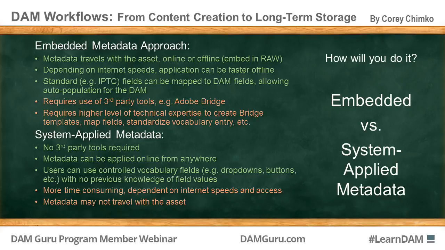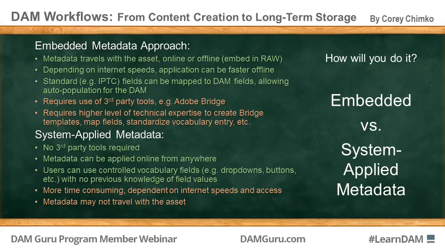There are some DAMs that can embed metadata on the way out. So for example, if you've applied the metadata in the system and then you're sending an image to someone through your DAM, or you're downloading it or exporting it in some way, the system can usually embed that metadata as it goes out, which is great, but it still doesn't solve the problem of your storage not having embedded metadata.